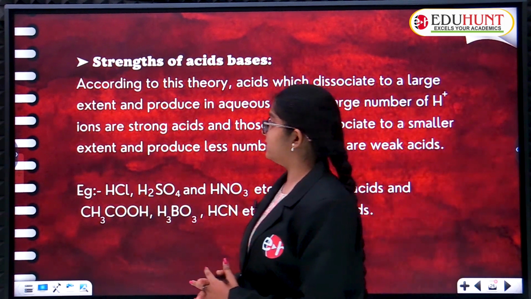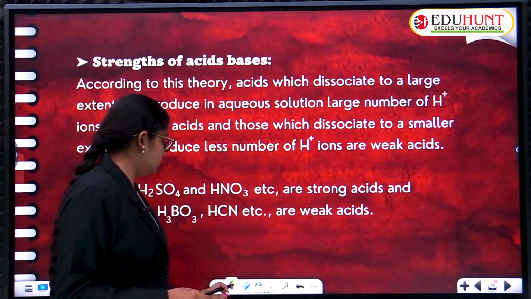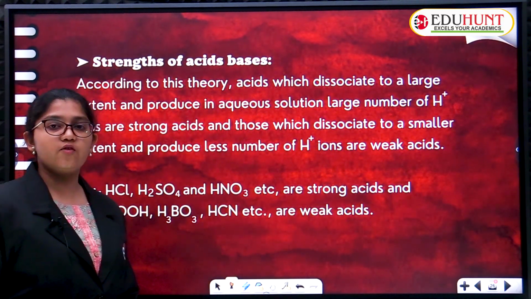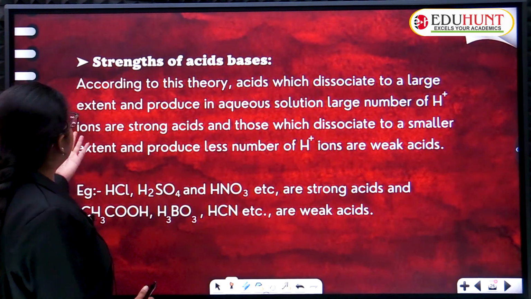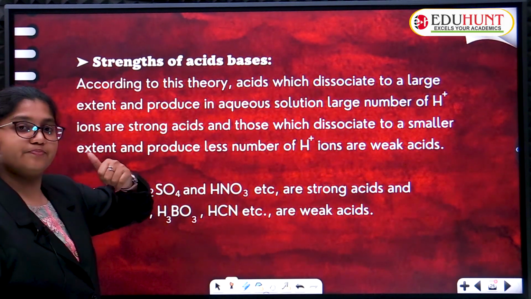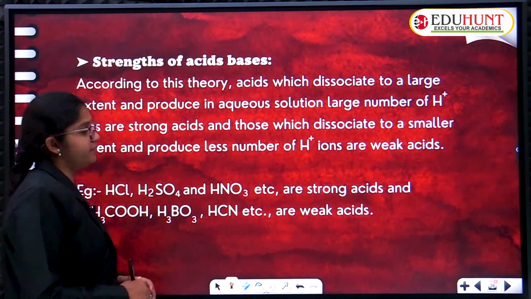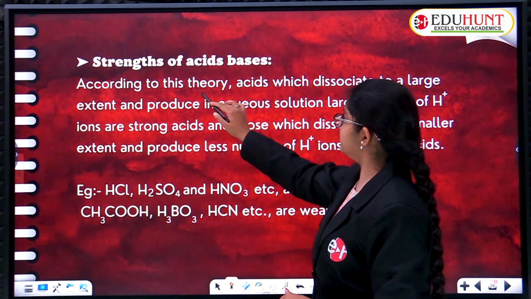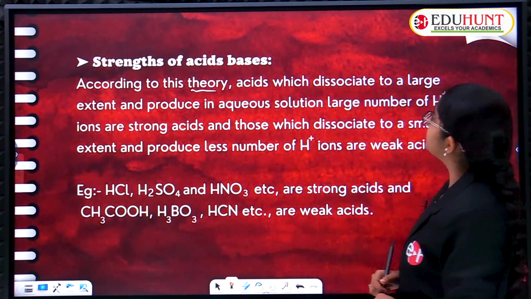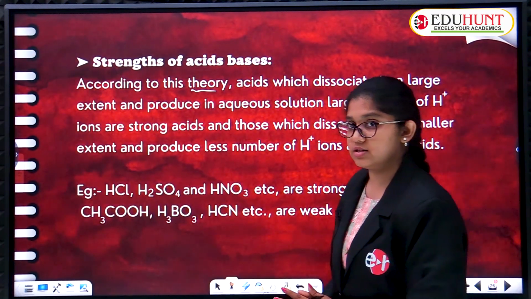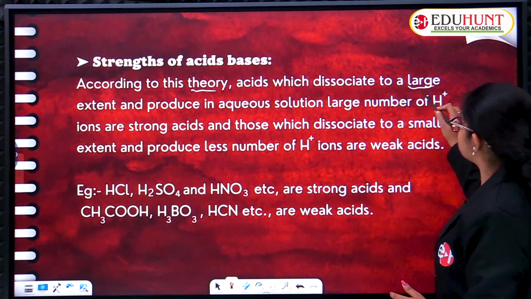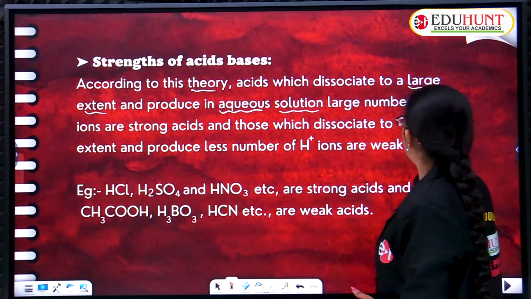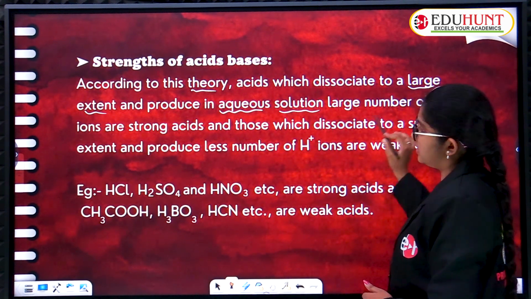Here we go with the strengths of acids and bases according to Arrhenius theory. Acids which dissociate to a large extent and produce a large number of H plus ions in aqueous solution.